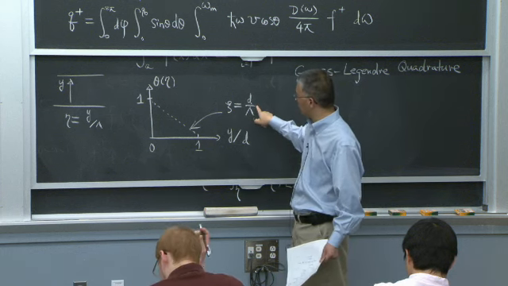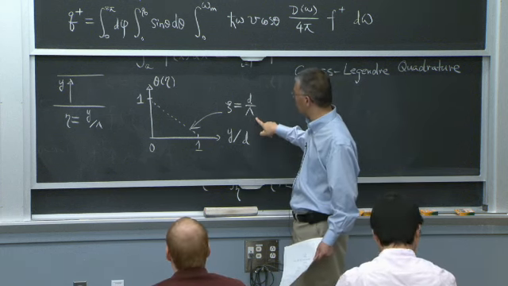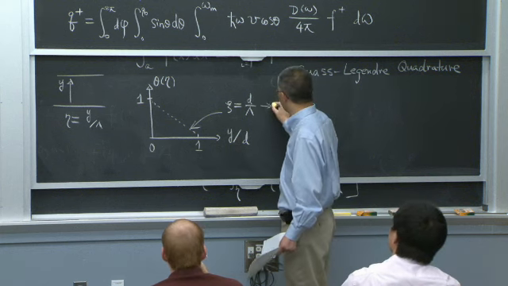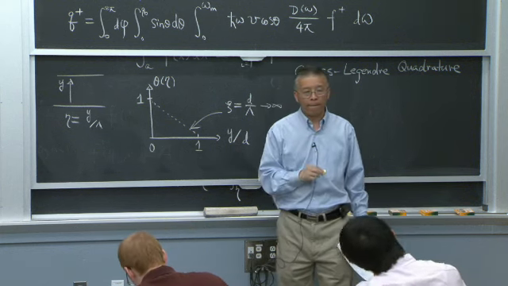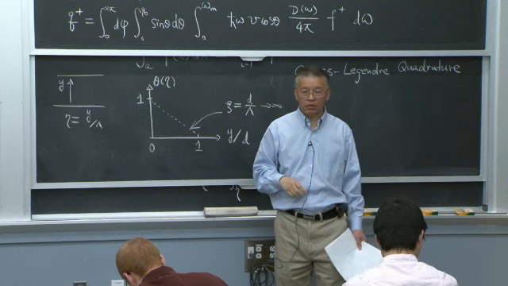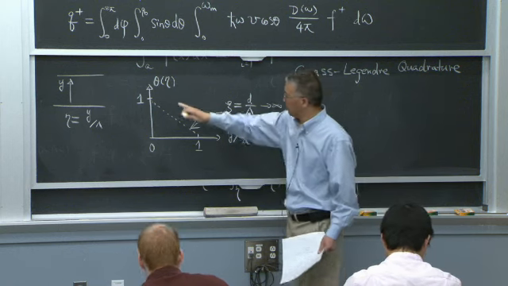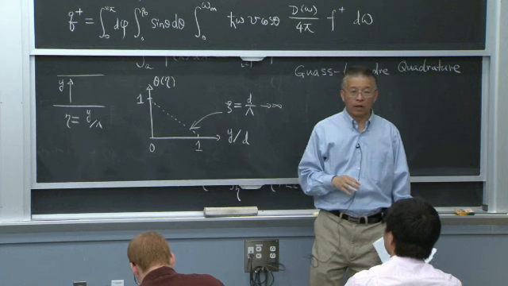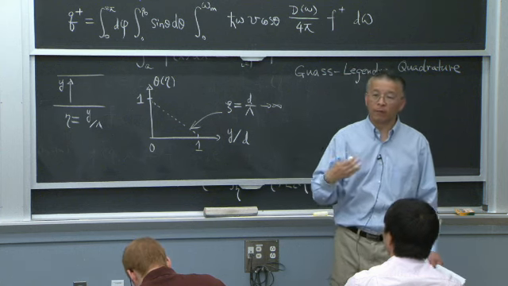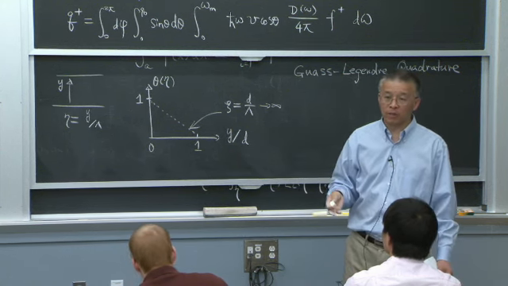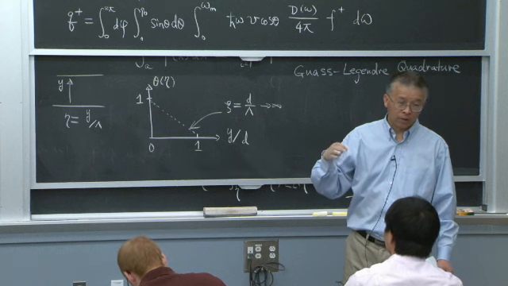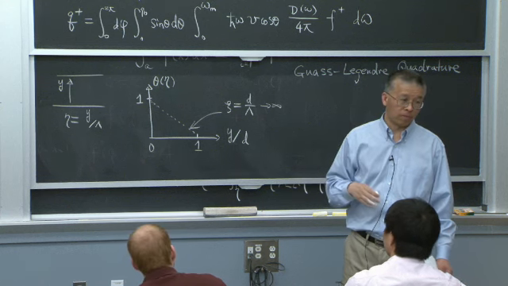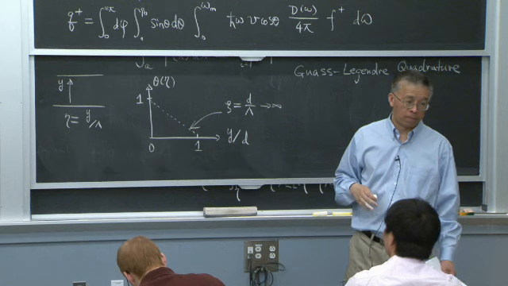So xi is the non-dimensional thickness, d over mean free path. When this goes to infinity, that's the thickness much larger than the mean free path, and this profile is linear, and that's what you would expect from Fourier law of heat conduction. This is the diffusive, the local diffusion solution.